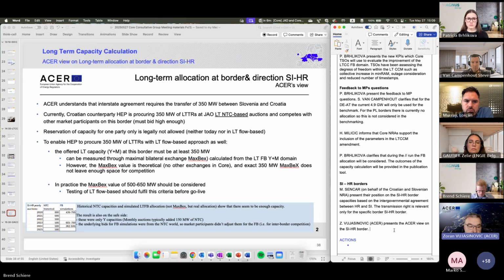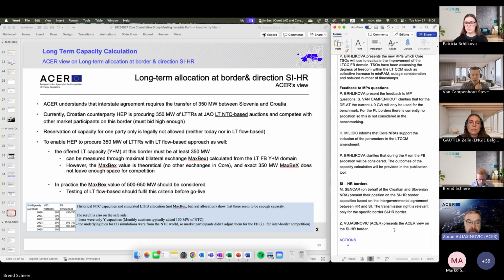To repeat once more, reservation of capacity for one single party is not legally allowed. It's not ensured today, nor would it be given through long-term flow-based. So it's the question of the availability of capacity, to our mind, depending on a particular methodology, whether the current NTC-based or prospective flow-based.